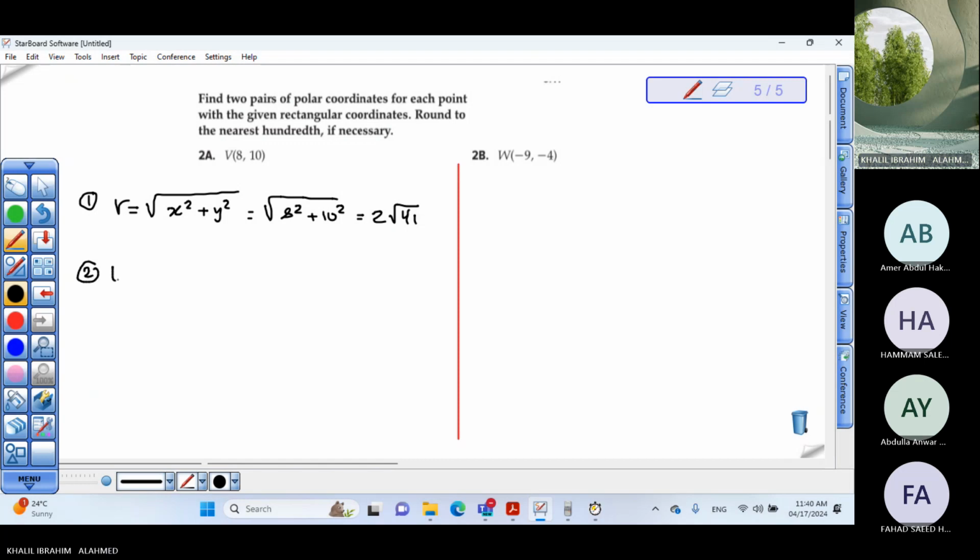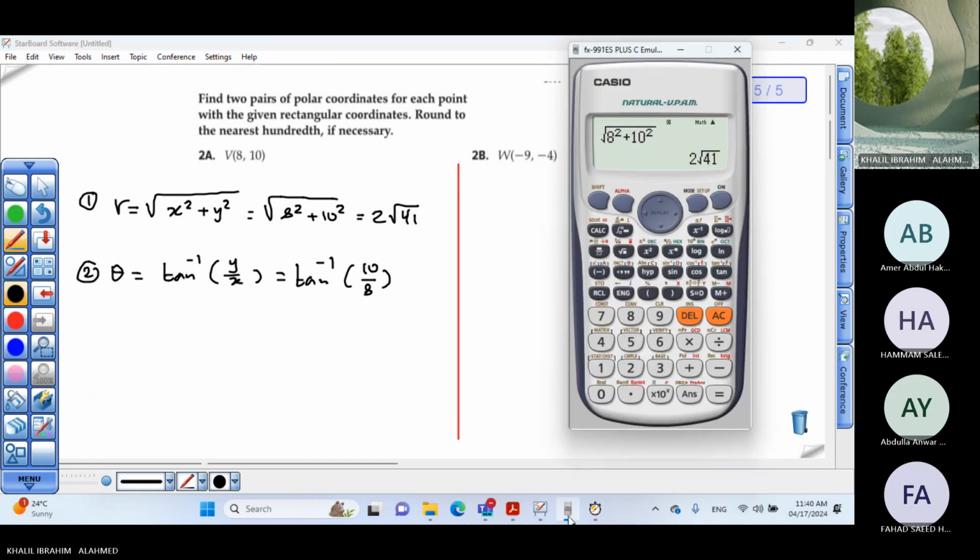Step 2, theta equals inverse tan of y over x. This is inverse tan of 10 over 8. What's the answer? Then shift tan, 10 over 8.